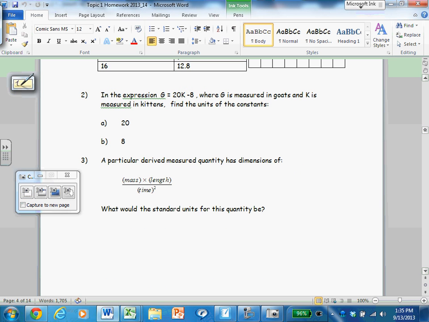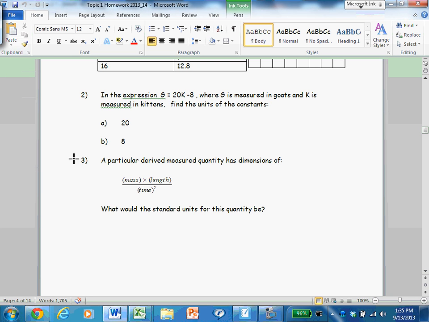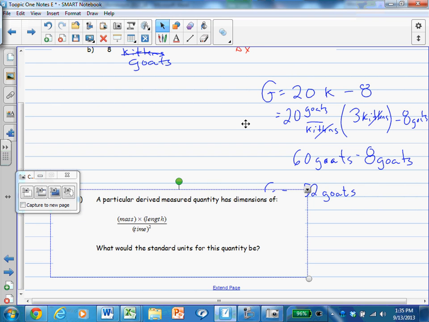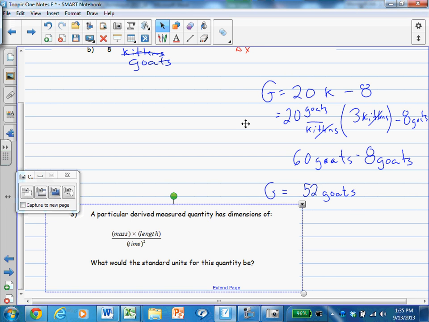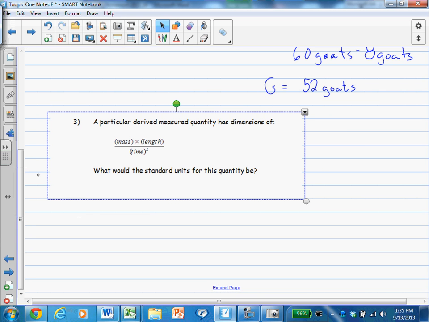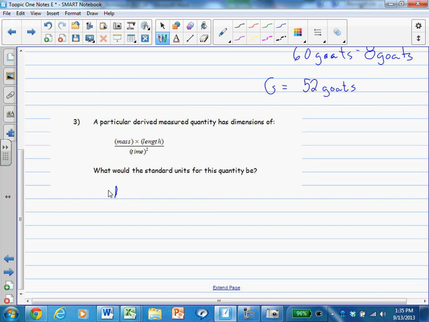What would be the standard units of this thing? What's the units of mass? It's easy. Kilograms. What's the units of length? What's the units of time? So that's easy, right? Times second squared.